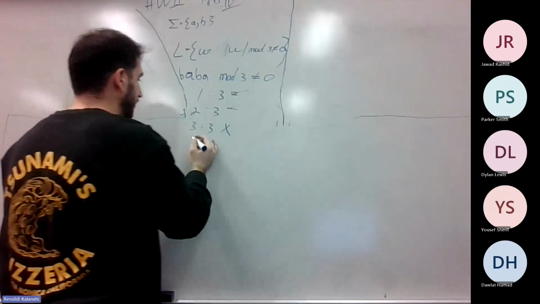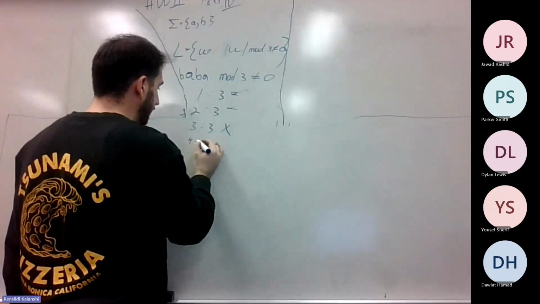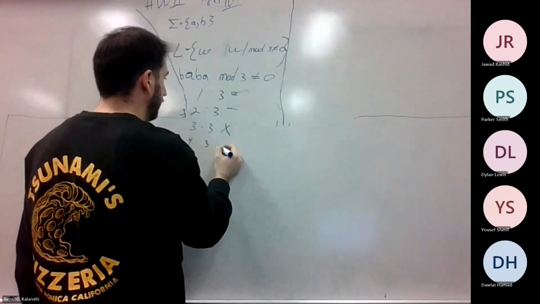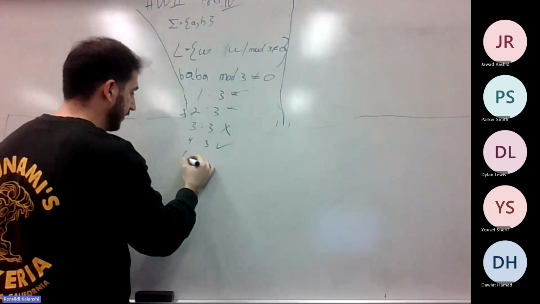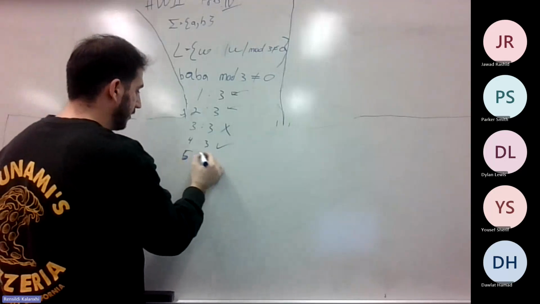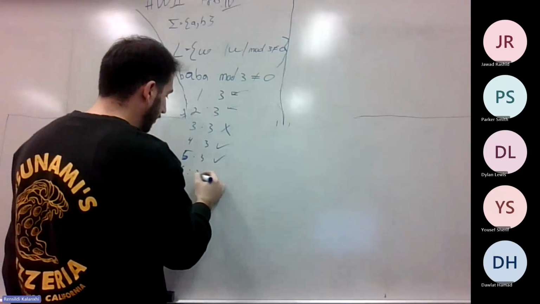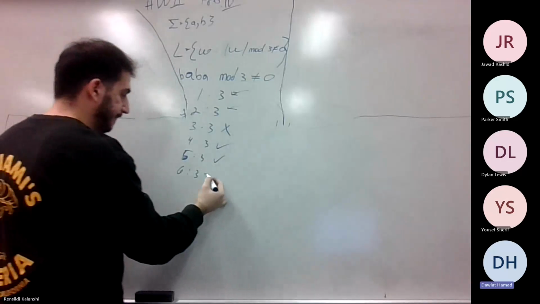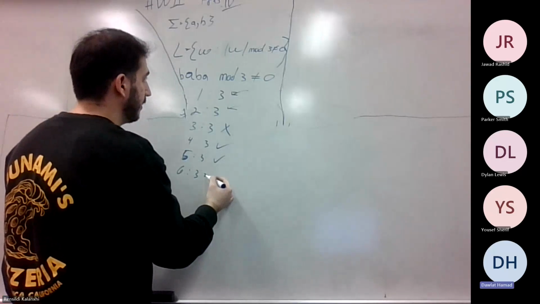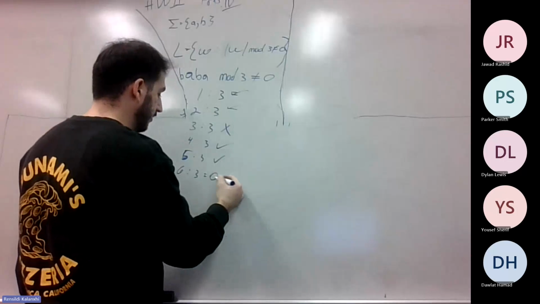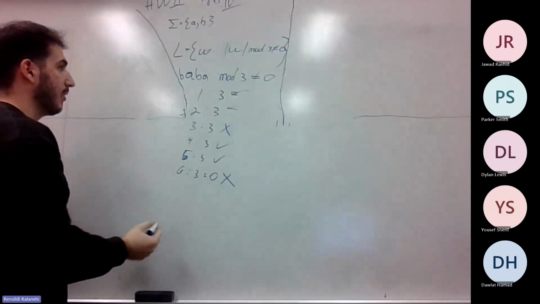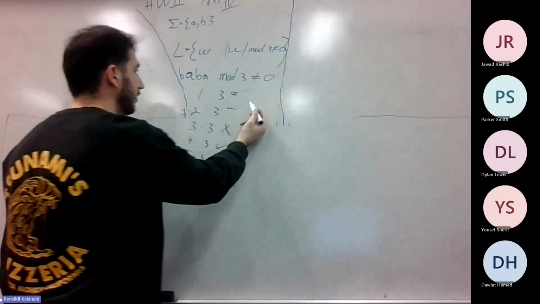We see this pattern: 4 works, 5 works, and then 6 will not work because it's equal to 0. So what we want is something that is not equal to 0.